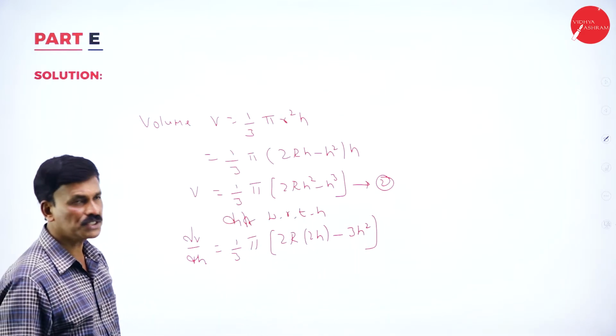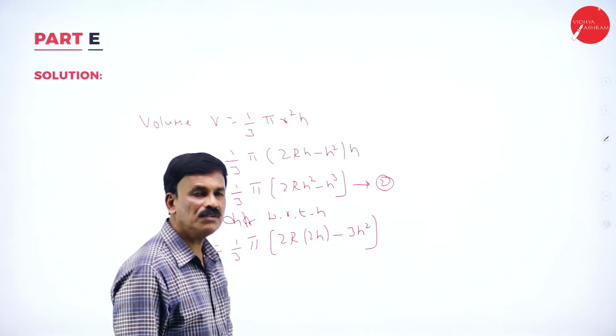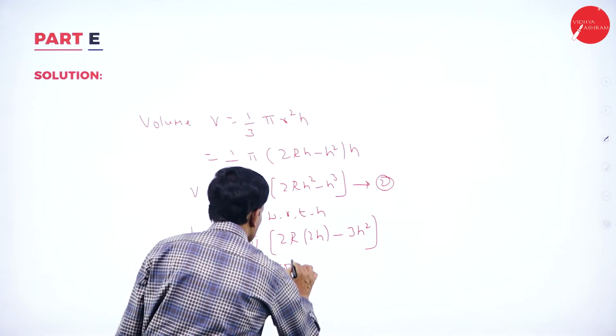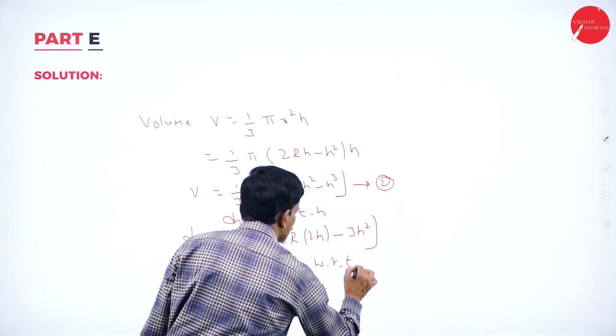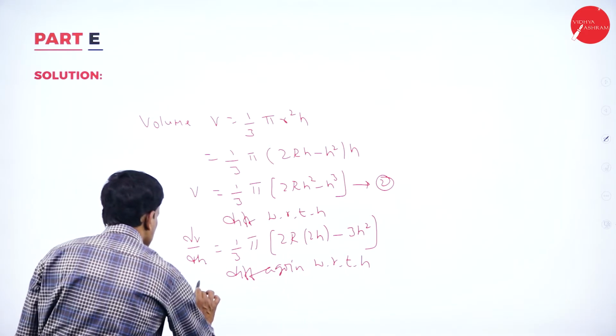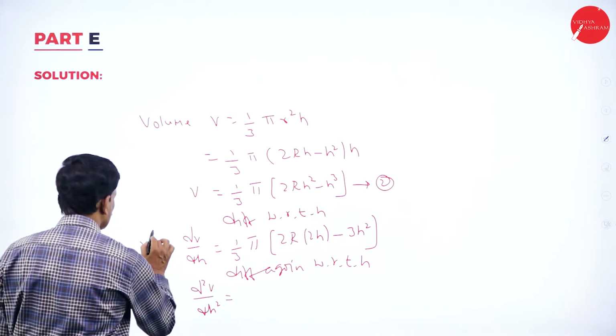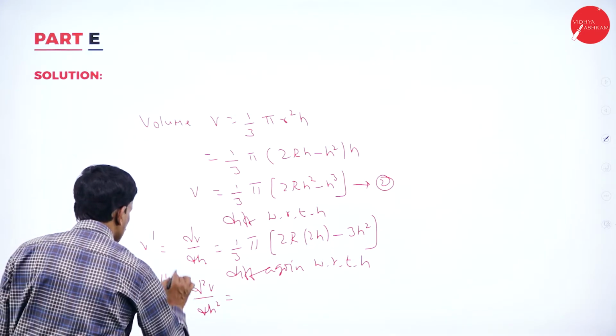Now, differentiate again with respect to h. What will you get? This is d square V by dh square. So, this is V dash and V double dash.